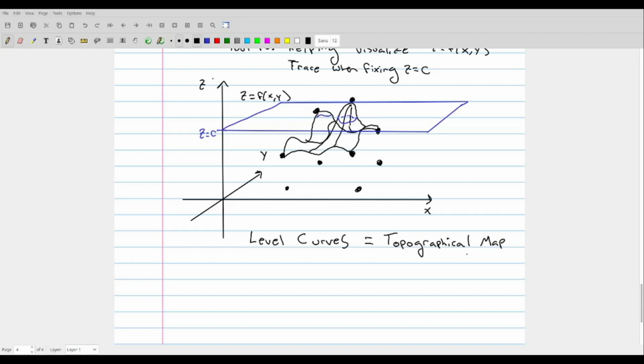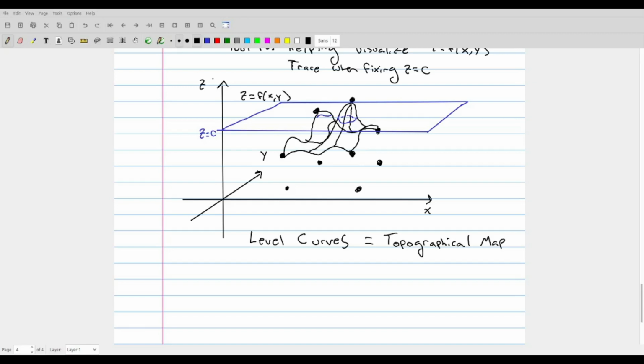Specifically, the topographical map that you're interested in when you're hiking is the height of the function at any given point. So the level curves on the topographical map give you the height of the mountain or the trail that you're on while you're hiking at any given point on the topographical map.